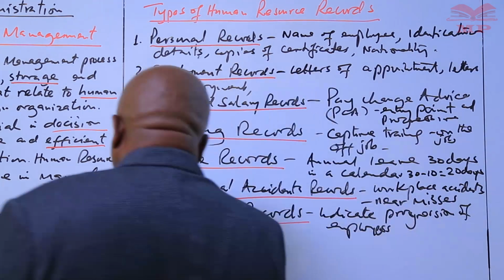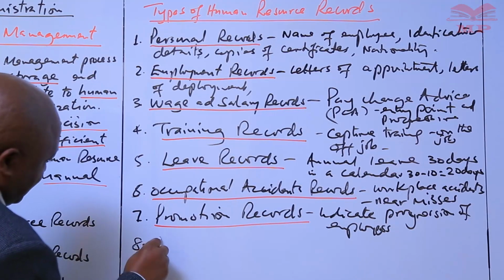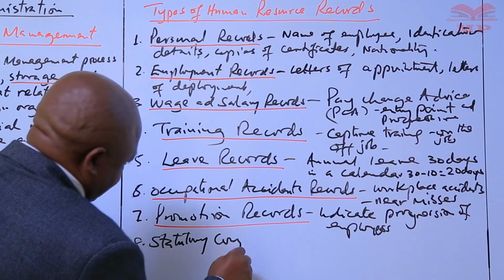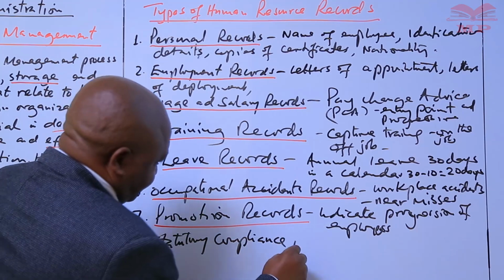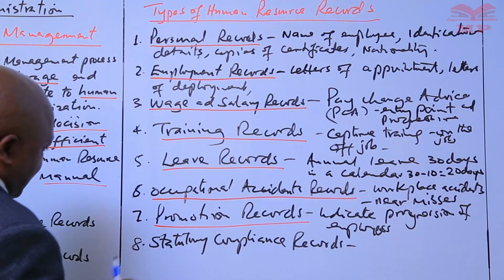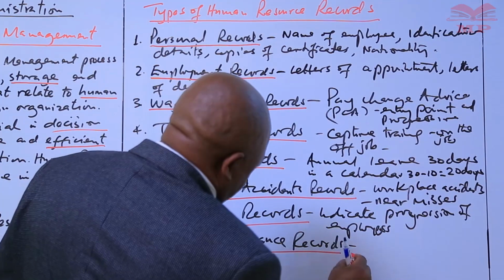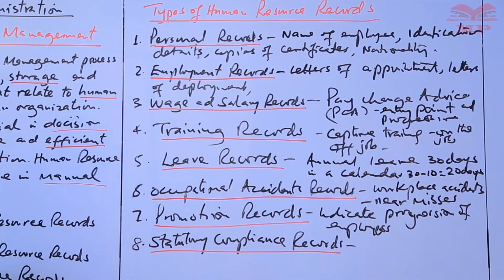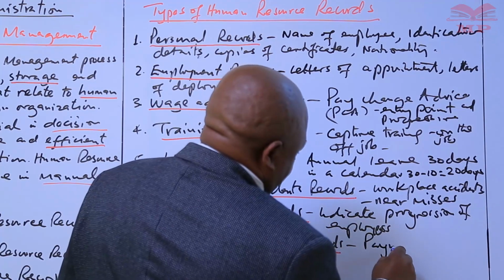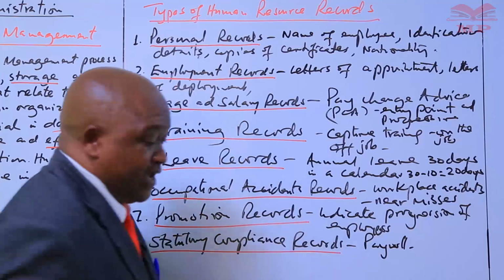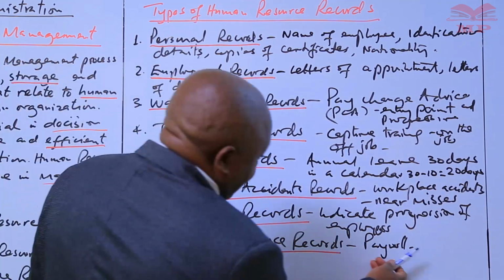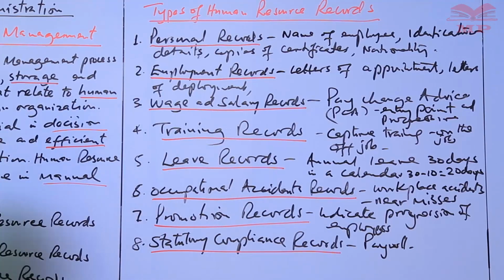Then number 8, you may also have what you call statutory compliance records. Now, statutory compliance records, for example, when it comes to the payroll, it is a requirement that organizations maintain a copy of the payroll permanently.